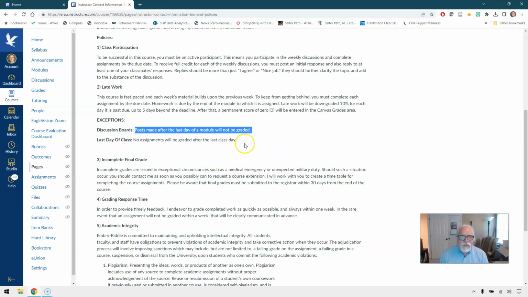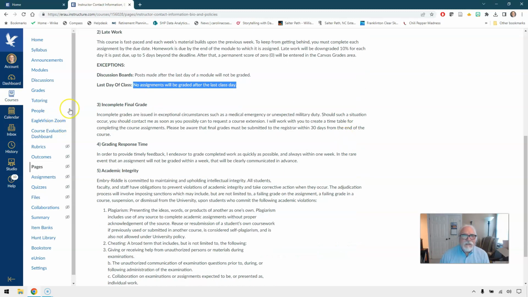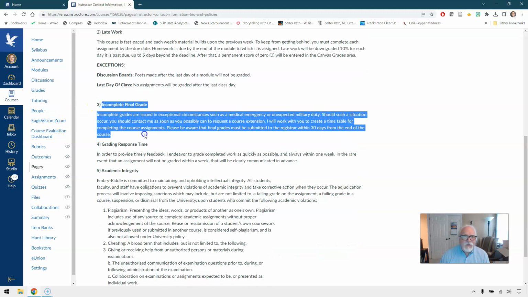And then the other exception to the late work policy, no assignments will be graded after the last class day. So the class ends on whatever day it ends, and nothing can be turned in after that. The exception for that is an incomplete final grade.